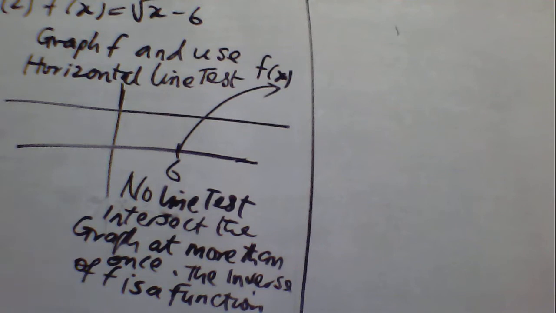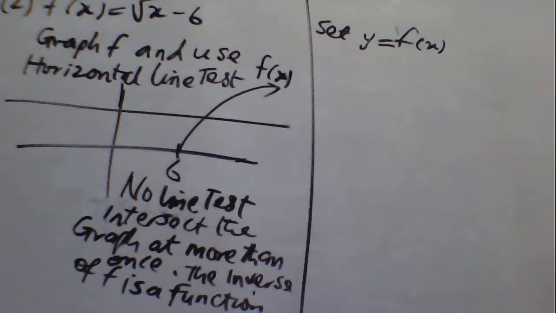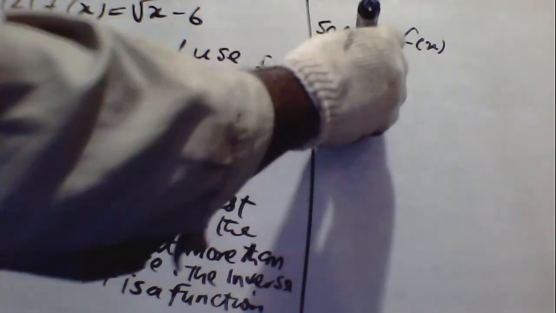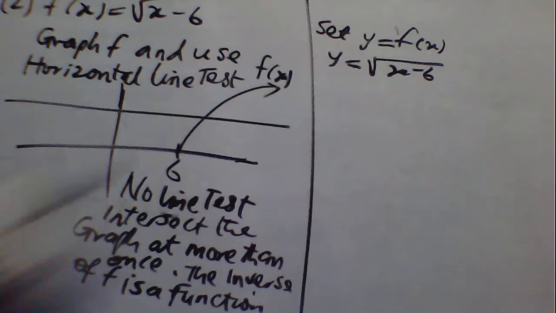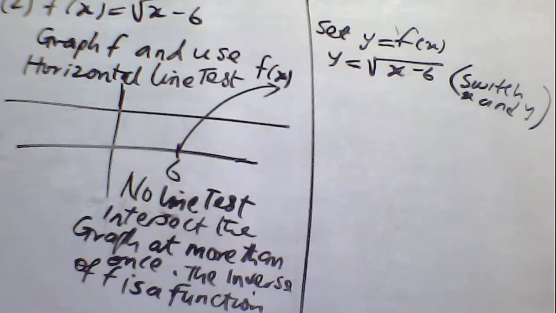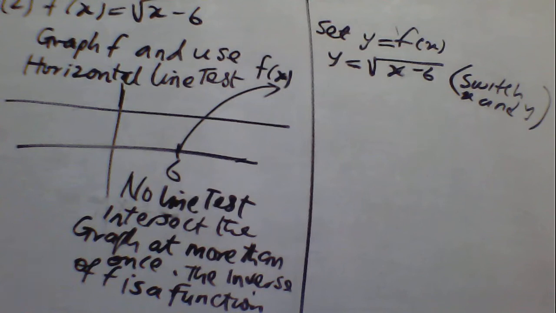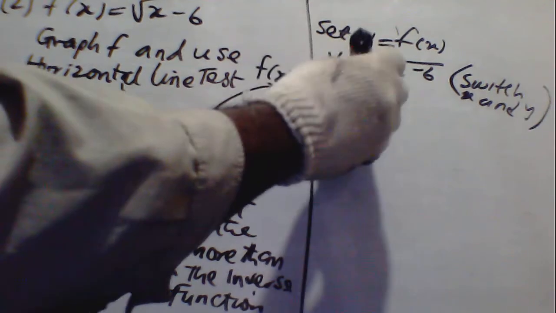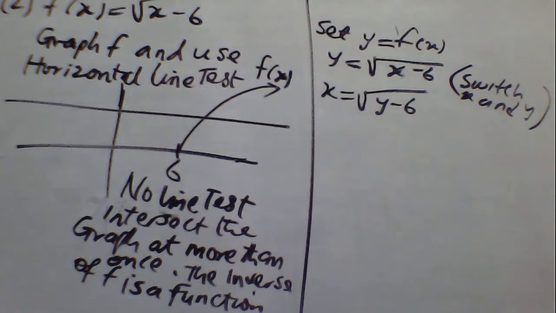So let's solve for the function. Set y equal to f of x. In this case, y is equal to the square root of x minus 6. Once you do that, the next is to switch x and y, which means here will be x equals the square root of y minus 6.